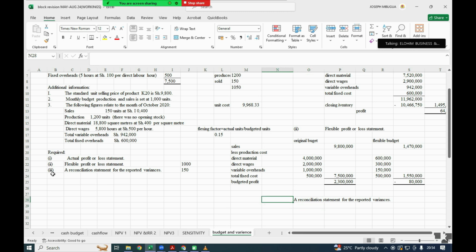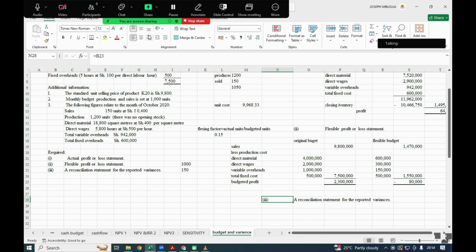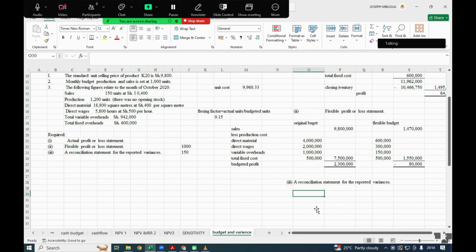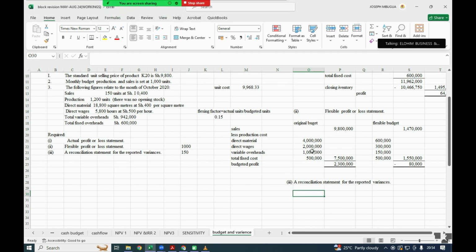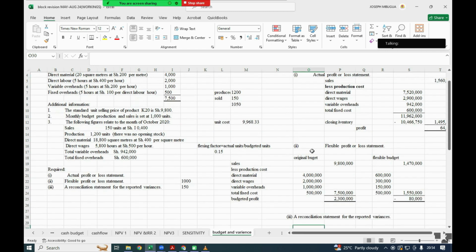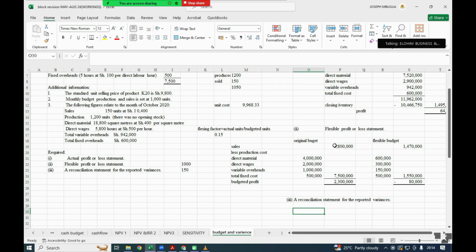And you'll find that when we are reconciling, we are reconciling the budgeted, the original one. Normally the variance is for the original and the actual.